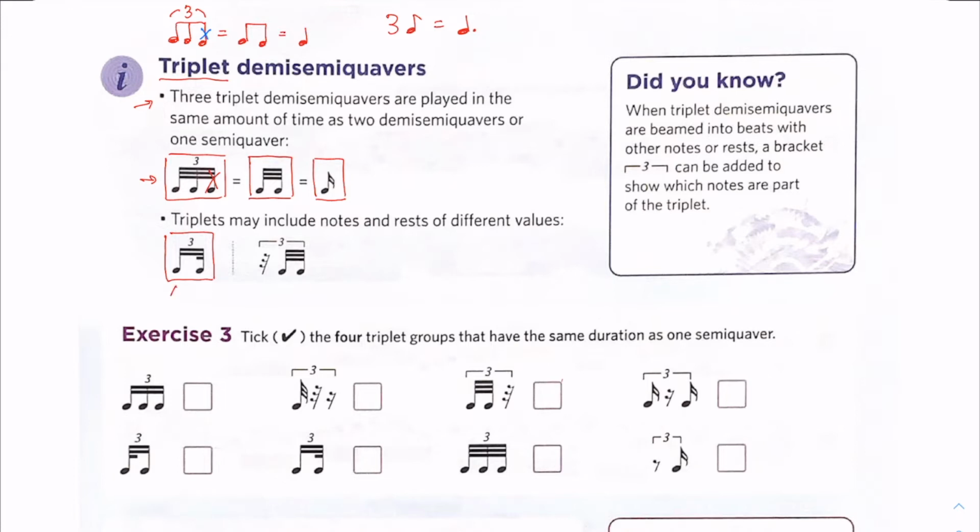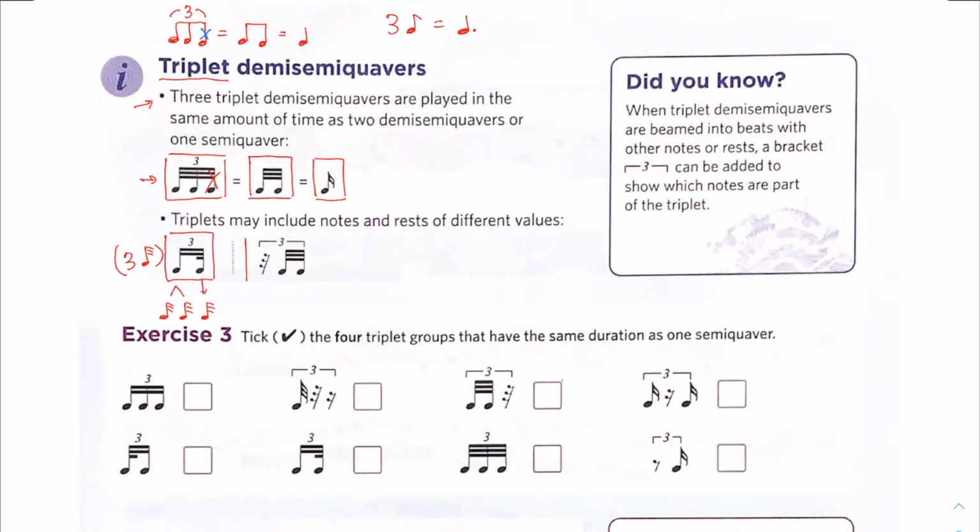The semiquaver can be split into 2 demisemiquavers, like this. And this note itself is a demisemiquaver. So actually, there are 3 demisemiquavers in this triplet. In any kind of triplet, you need to be able to split it into 3 notes of equal value.